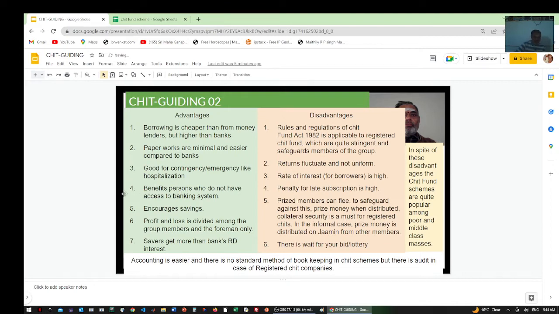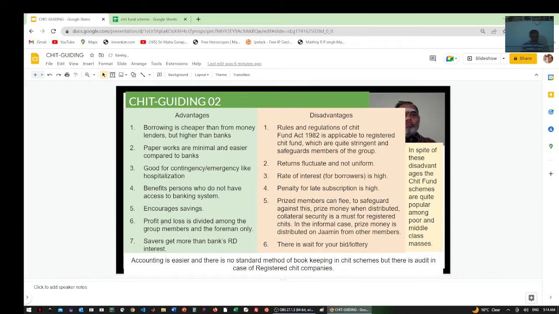Number 4, benefits persons who do not have access to banking system. Encourages savings. Number 6 is profit and loss is divided among the group members and foreman only. It doesn't go to outsiders. Savers get more than banks' RD interest.